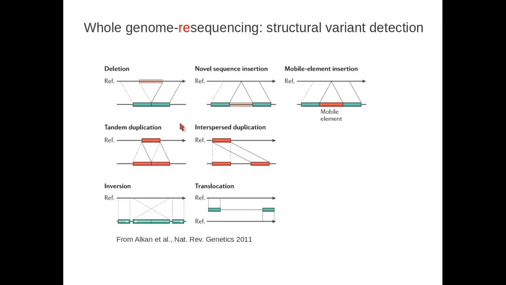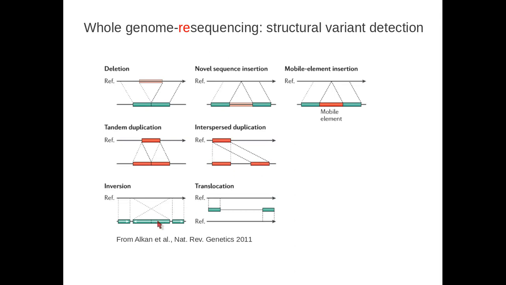I'd also like you to understand tandem duplications, inversions, and translocations. There are minor differences here. In tandem duplications, a region of DNA duplicates right next to the original copy of the sequence. Here a chunk of DNA duplicates and moves to a different part of the genome.